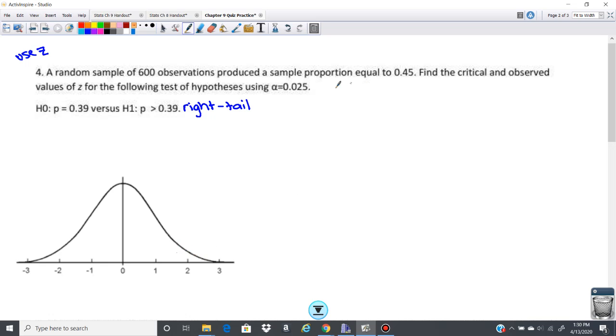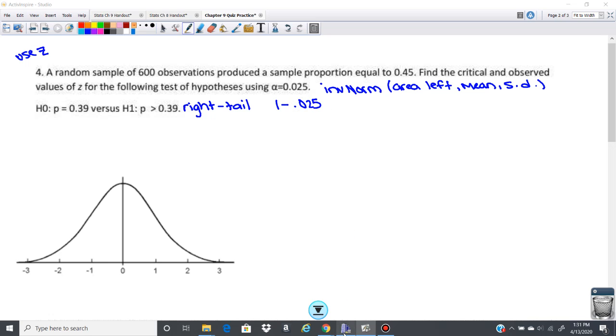The only issue with that is that when you do the inverse norm command in your calculator, you want the area to the left, and then you want your mean and your standard deviation. So to get the area to the left, since this is 0.025 in the right side, we're going to go 1 minus 0.025.